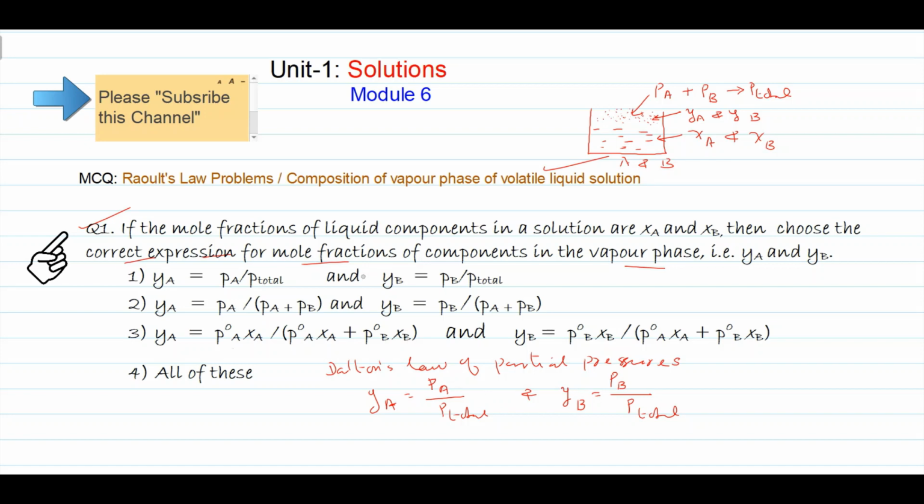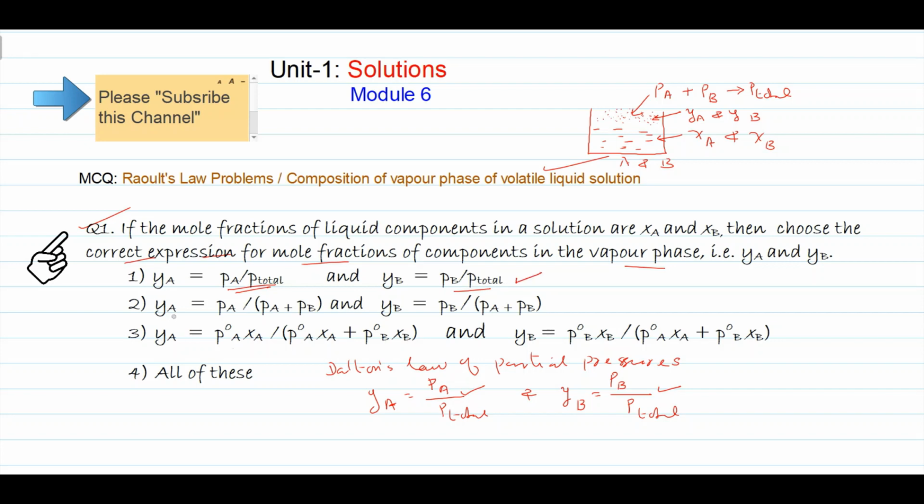Then coming to the options one by one. First option, Ya is equal to Pa by P total. Here also Pa by P total, so expression is correct. Yb, Pb by P total. Here also Pb by P total. Yes, it is correct. So expression given in option 1 is correct.